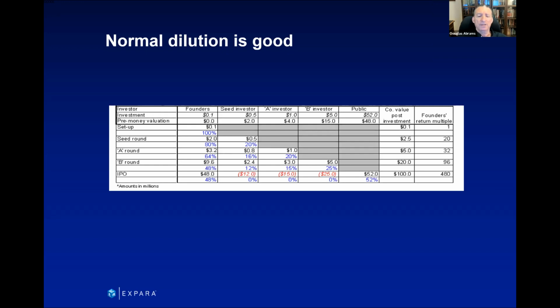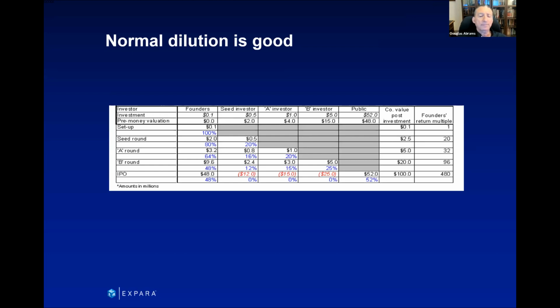Excess dilution normally means that the company experienced a down round, meaning that in a subsequent funding round, the startup sold shares at a lower price than they did in the previous round. That's called excessive dilution. Normal dilution, where every round the startup sells shares at a higher price than they did in the previous round, is designed into the multi-stage equity fundraising process that startups and venture capital investors use. So it's not a bug, it's a feature of the process.